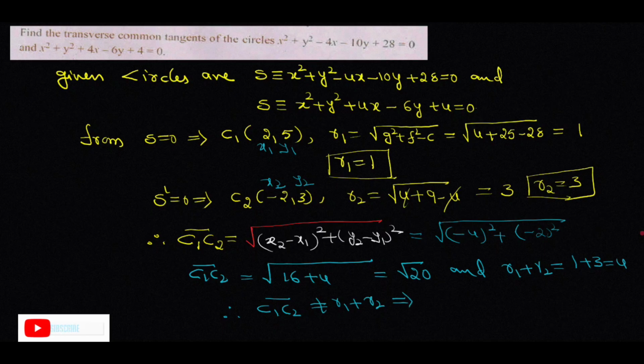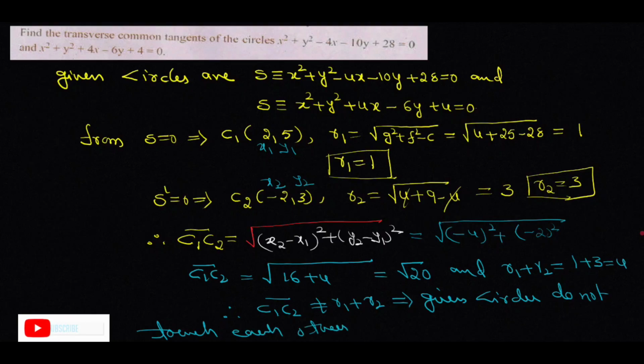In this case, the given circles do not touch each other, so there exist four common tangents. Two are transverse common tangents, two are direct common tangents. Here the given question asks to find the transverse common tangents.